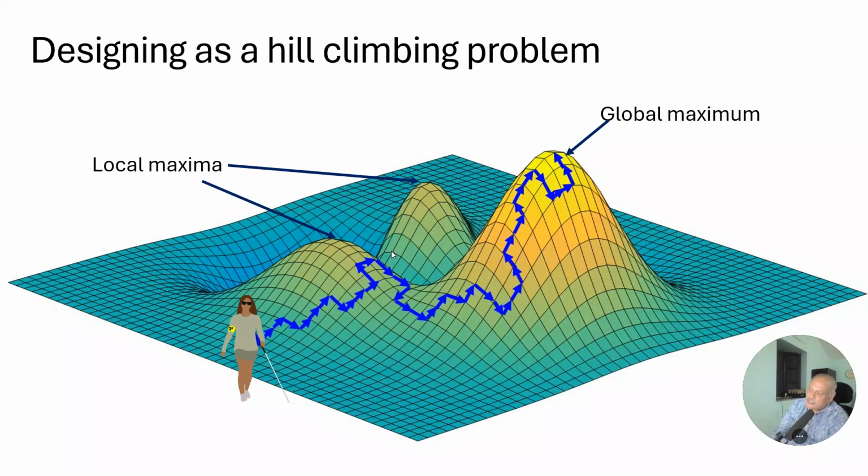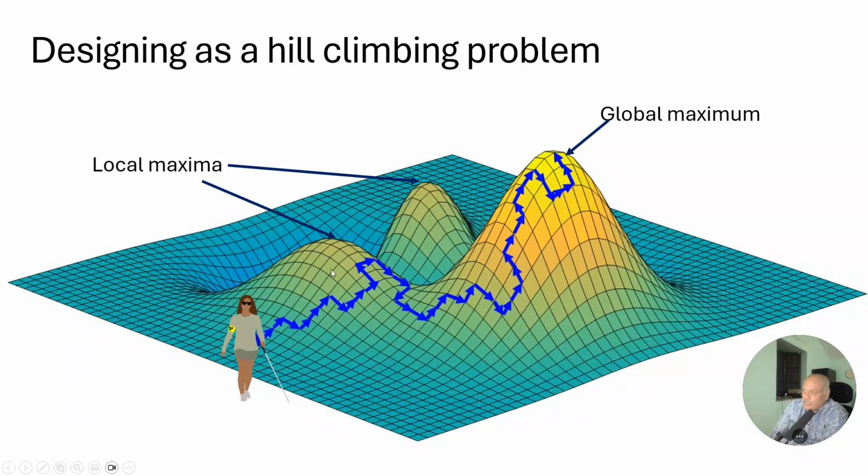Now the problem is that if this blind lady is trying to climb, she will sense with her walking stick and her footstep whether the next step she is going to take is going up or going down. And if she finds that she has reached a point where, in any direction, the next step is going down, it means she has reached some peak or the other, either this peak or this peak or this peak.